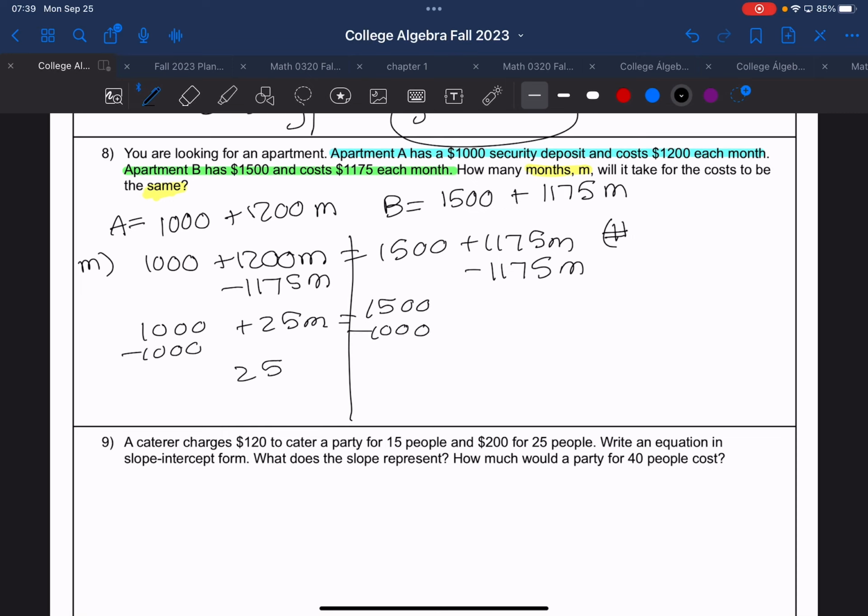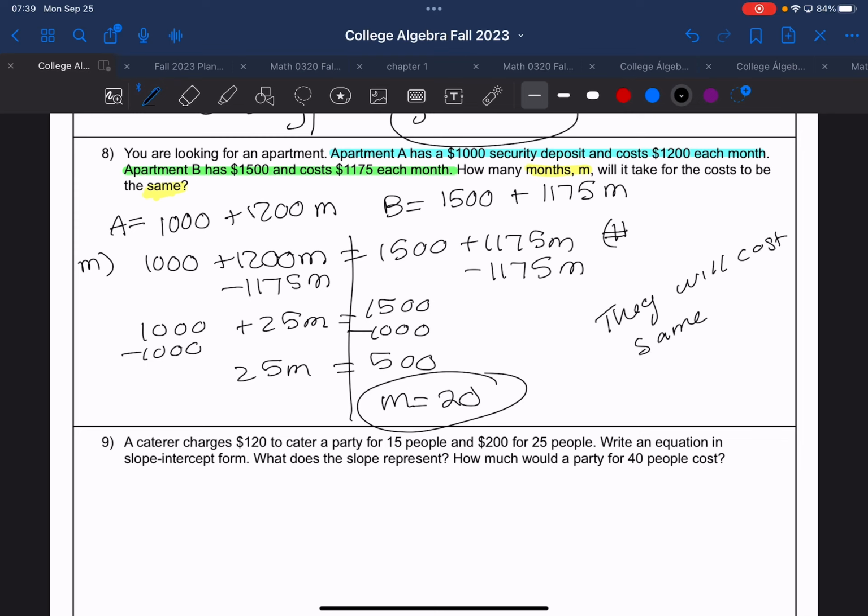And I get 25 M is equal to 500. So if I divide by 25, I get M is equal to 20. So what would be my sentence? Yeah, it'll take 20 months before these apartments cost the same. So they will cost the same at 20 months.